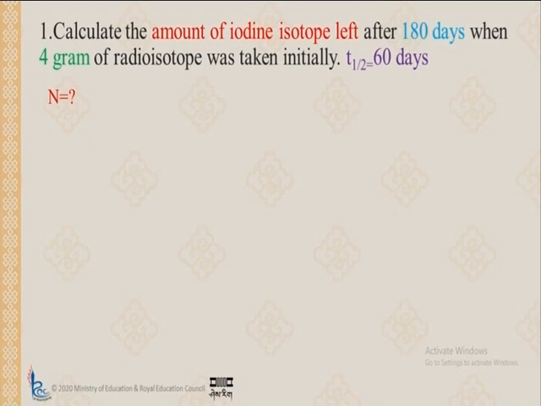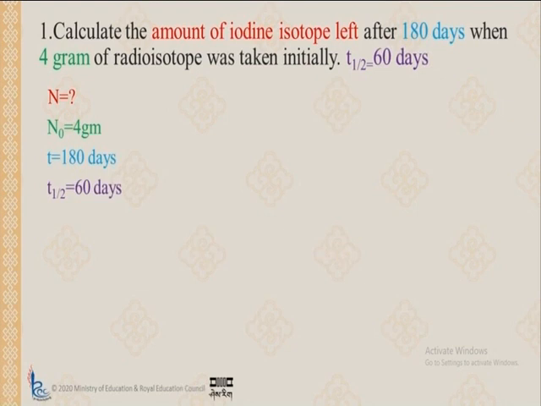Next, after 180 days. What is that 180 days? It is time. When 4 gram of radioisotope was taken initially, from the sentence itself you will understand that the 4 grams is the initial concentration. This initial concentration is represented by N naught, 4 gram. T half is given as 60 days.